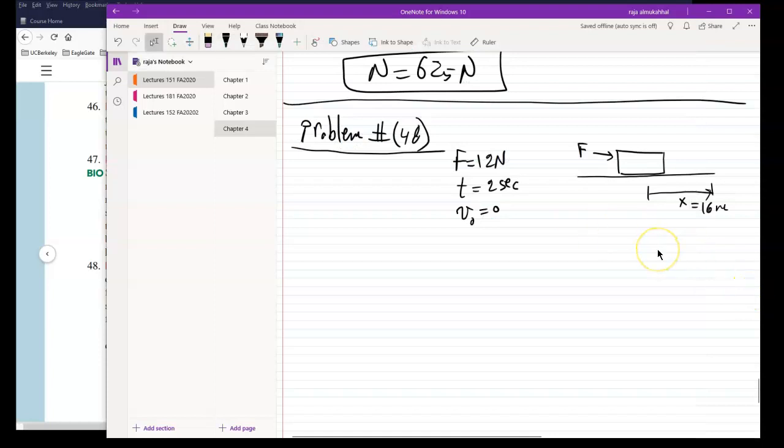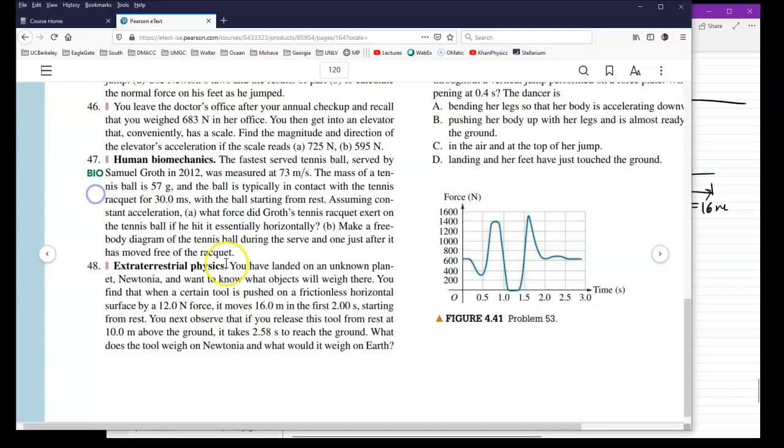That's part number 1, if you will. Why did he give me all this information so far? No clue. But he gives me this information. Part number 2. He says, next, you observe that when you take this tool and drop it from a height of 10 meters to the ground, it takes 2.58 seconds.